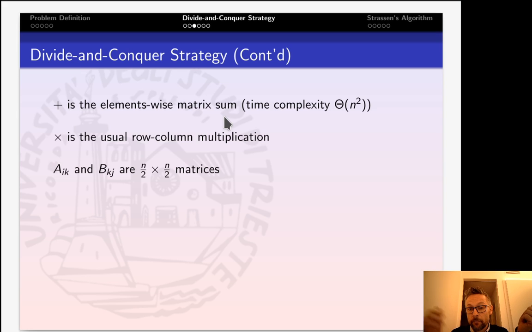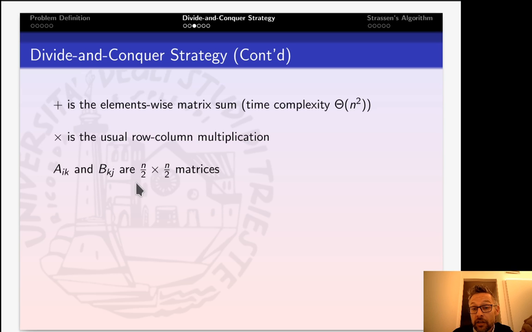Okay? Now, as already mentioned in the previous equation, the times symbol refers to the usual row-column multiplication. So again, we can do it by applying the divide and conquer strategy.